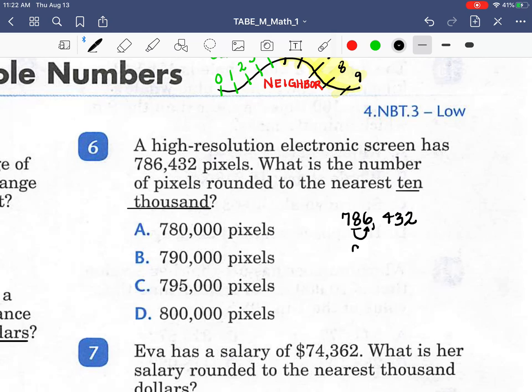So the 8 rounds up, the neighbors round off, and the leader doesn't change. So 790,000, the answer to number 6 is B. Pick out the information you need and use it.